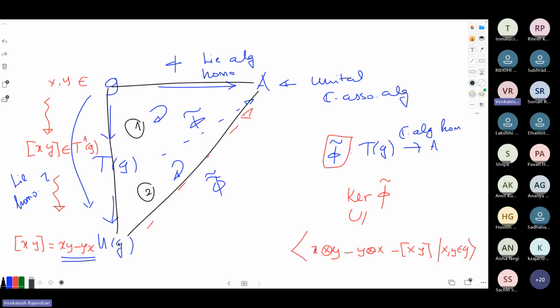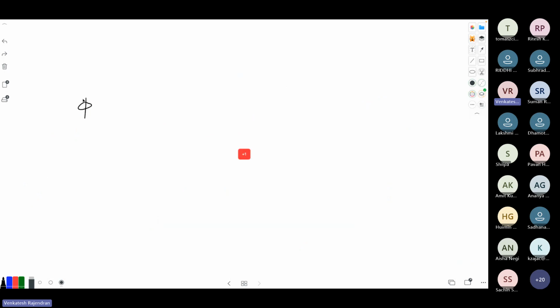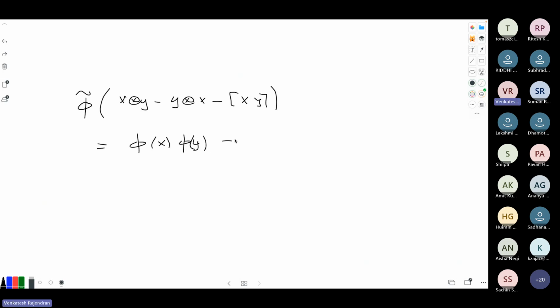Now let's verify why we have this induced map. If we take pi tilde of x tensor y minus y tensor x minus xy, which is exactly equal to pi of x, pi of y minus pi of y, pi of x minus pi of xy. But note that pi is given to be a Lie algebra homomorphism, so this must be 0.